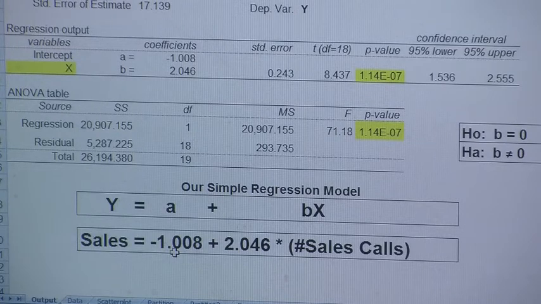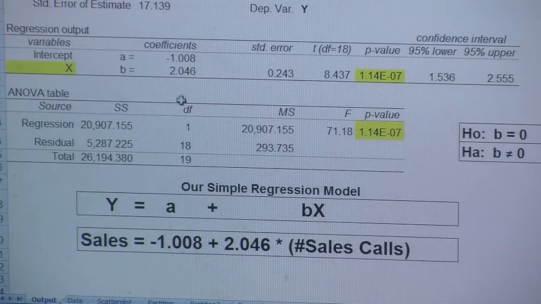Okay? Now you might say, it's impossible to generate negative $1,000 in sales. Well, it is, okay? But we're working with predictive modeling here, and just based on the data that are available to us, this model just happens to yield a y-intercept of negative $1,000. Nevertheless, I want you to see how we make this transition from y equals a plus b times x down to our regression model, sales equals minus 1.008 plus 2.046 times the number of sales calls.